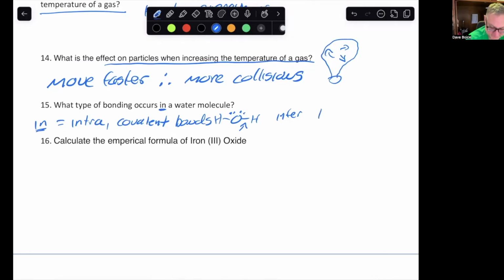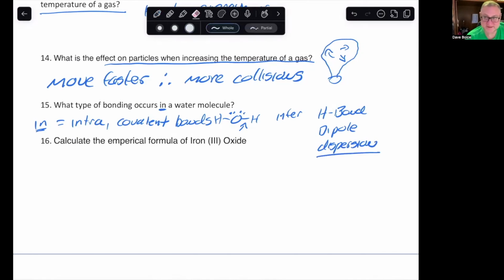Now for inter, this is where you have your H bond, your dipole, and your dispersion. So remember, dispersion, everybody has that. That's just a temporary dipole because the electrons are flying around everywhere.